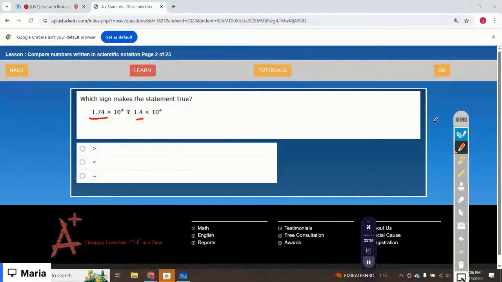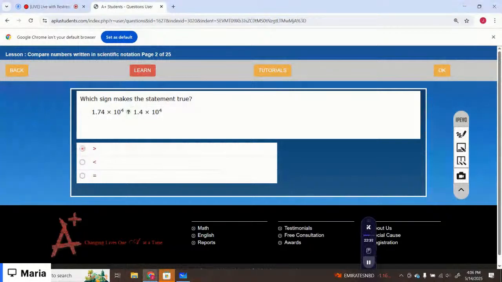So that means 1.74 times 10 exponent 4 is greater than 1.4 times 10 exponent 4. Greater is the correct option. Okay, so option number one is the correct option.